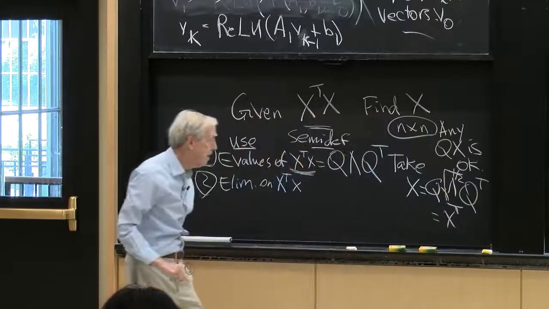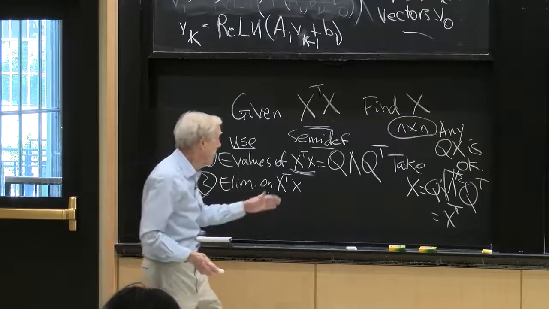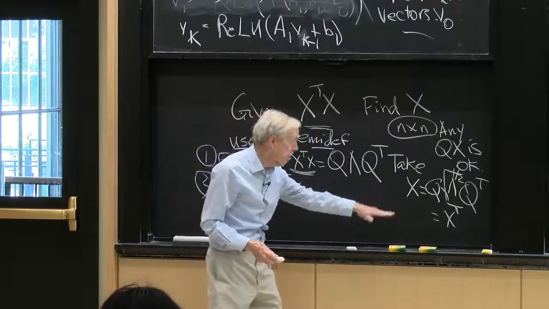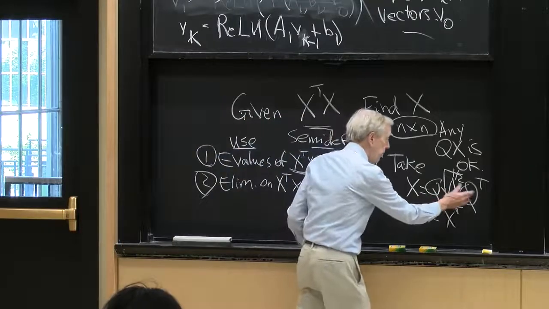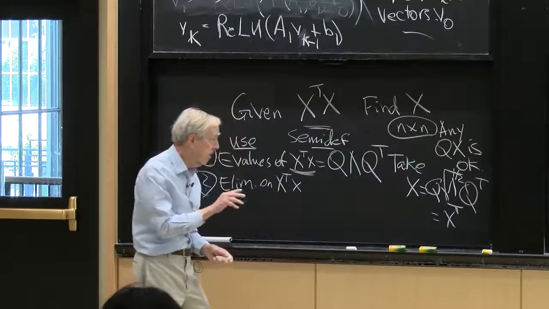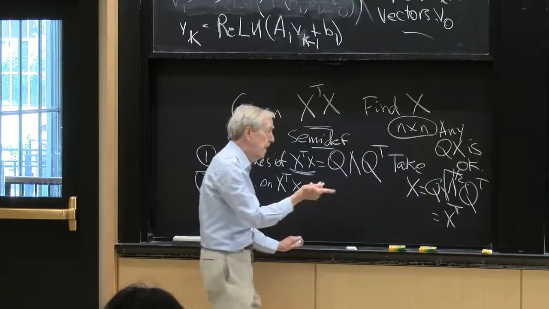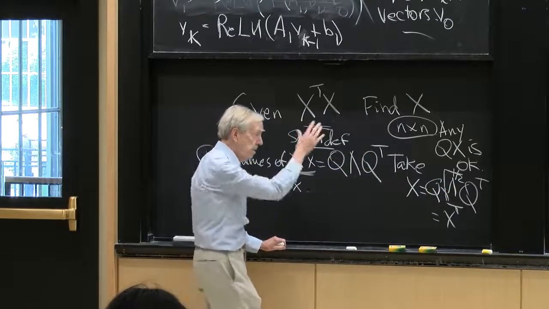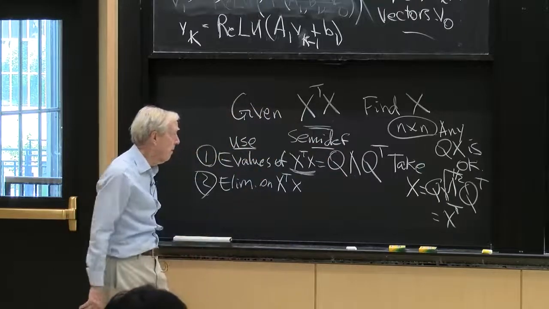When I multiply that, X transpose X is just X squared here. When I square it, the Q transpose Q multiplies itself to give the identity. The square root of lambda times the square root of lambda, those are diagonal matrices that give lambda, and I get the right answer.